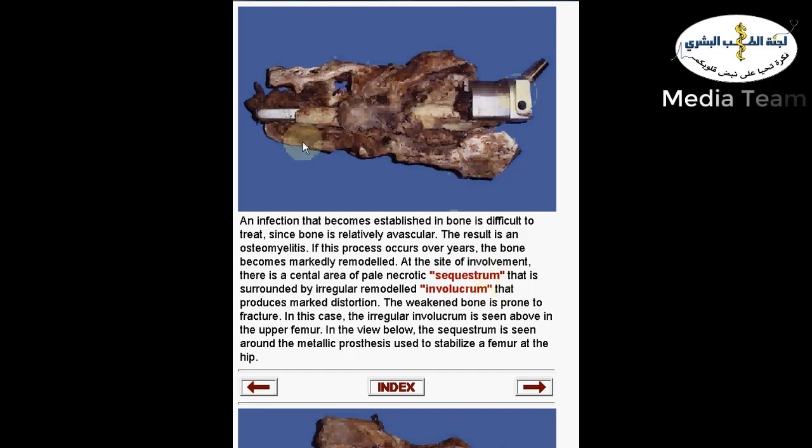Now in osteomyelitis, as with infection in general in our body, it's either acute or chronic, okay? So this is a case of chronic osteomyelitis, and it's one of the conditions that are sometimes hard to diagnose clinically, because they last a long duration with no specific symptoms.